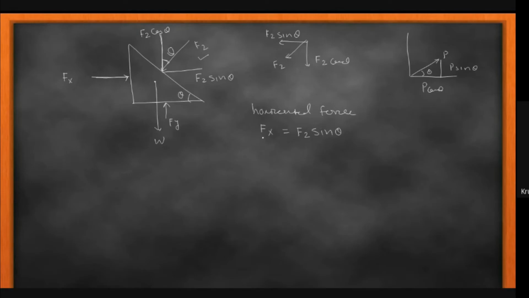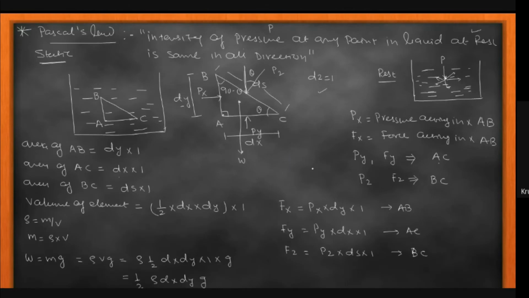And we know that Fx minus Fz sin theta equals 0. Now we are going to put in the values of Fx and Fz. From the previous expression, we know that Fx equals Px into dy and Fz equals Pz into ds.